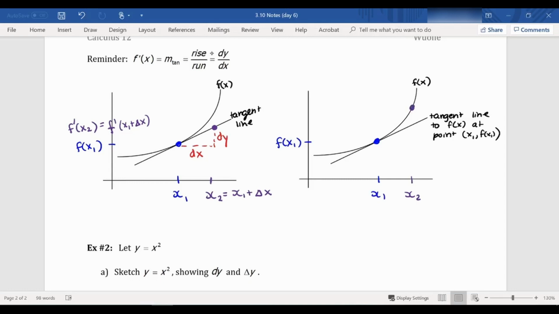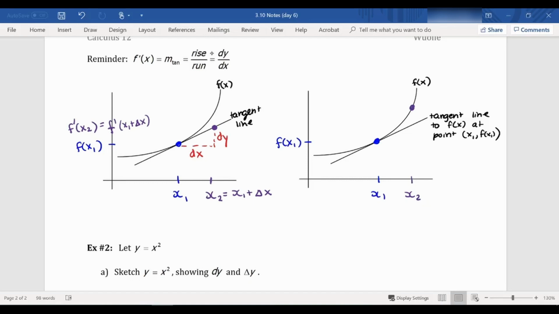The blue point still is. The blue point is the point of tangency, so it touches both the curve and the tangent line. The purple point is some other point x2. If I put that point on the tangent line, we see that our y value is different than if I put that point on the curve.